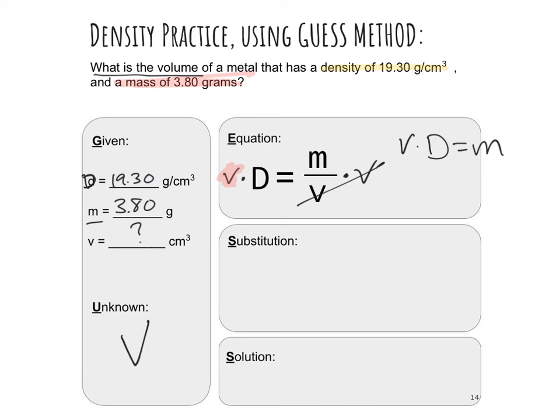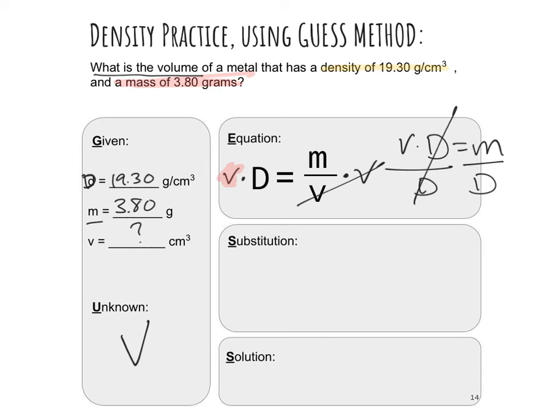Right now, we've got V and D multiplied, and we want V by itself. So to undo a multiplication by D, we have to divide by D on both sides. So in the end, this equation reads V equals M over D.